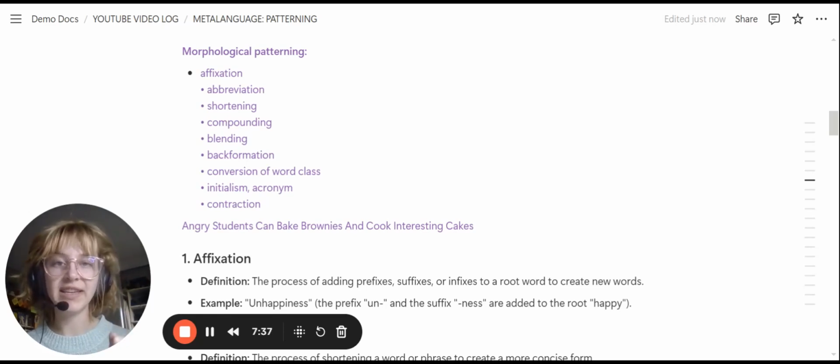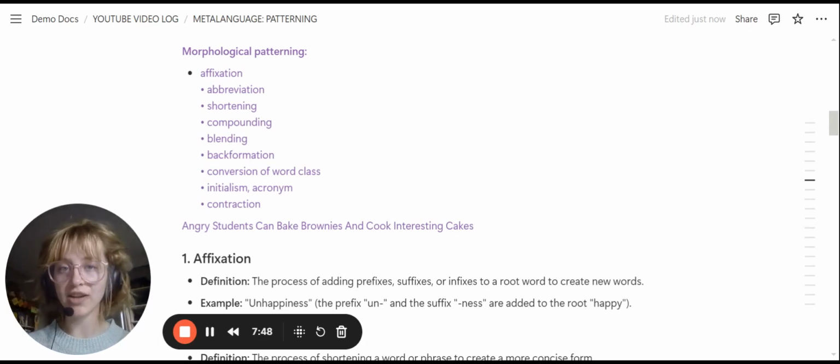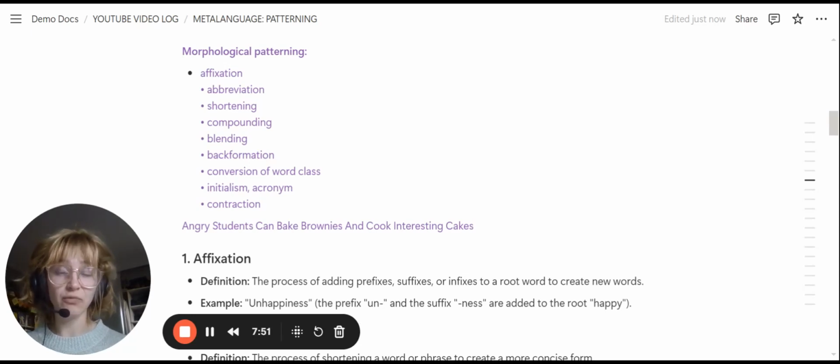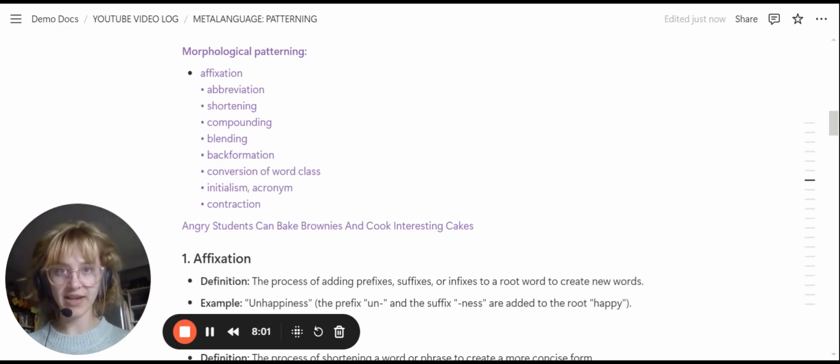So if you guys really sit down and properly learn what each of these morphological patterning actually means, what it entails, so how, for example, affixation can create a new word, then you should be able to identify something using prompted recall from when you're given it, rather than having to recall it on the spot just from your knowledge without being given the text. So that's the best way to learn. Me personally, I just learned it because I was scared about the exam. So whatever floats your boat, but let's go through it.